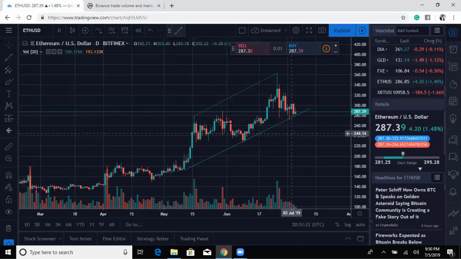So that's really cool because it gives us an idea that if I'm getting in, let's say for example, I wanted to take a long position right here, and I decided to draw this trend line from the top and the bottom.